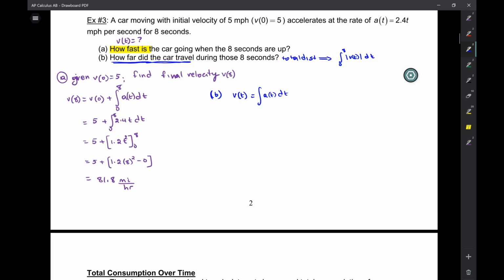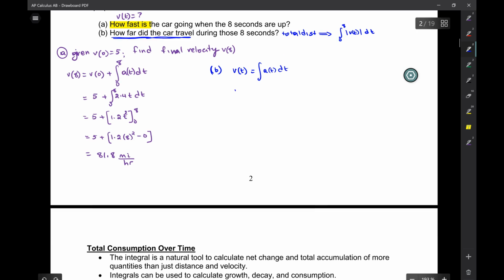So I do an open integral, and v of t is going to be the integral of 2.4t dt. Now, that's going to be 1.2t squared plus c.